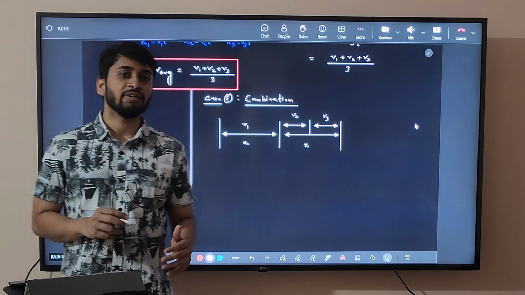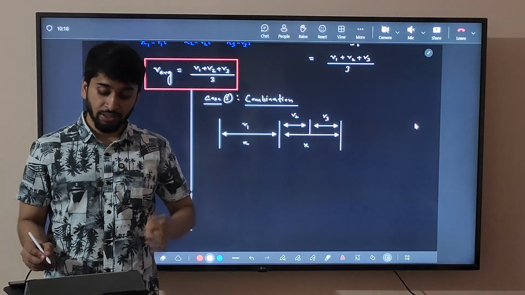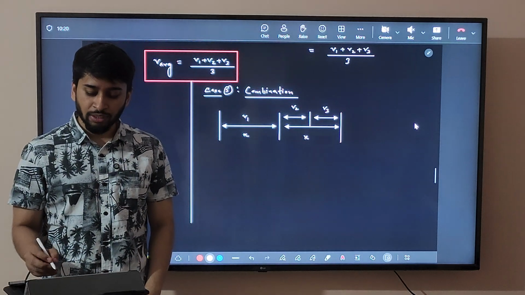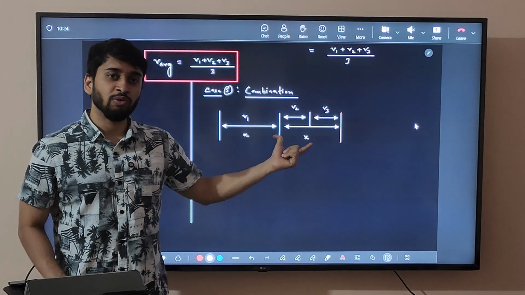Now we need the average speed for the complete journey. How do we find it? First we find the average speed for the second part, because it has been divided into two equal time intervals.